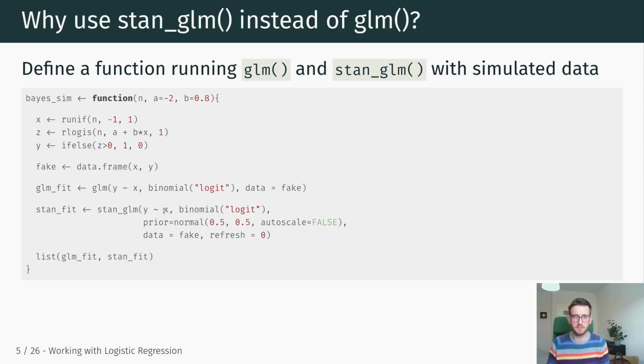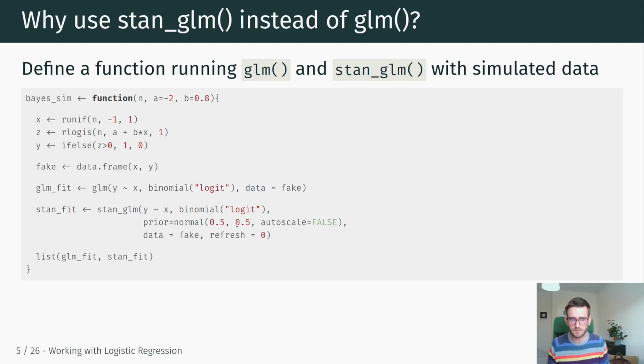That's the basic framework within the function, and then we fit our GLM with y regressed on x, same with the stan_GLM. The only difference is that with our stan GLM function, we specify a prior distribution for our slope coefficient. This is just the prior, not for the intercept, but just for the slope. For the intercept, we just use the default prior, which follows a normal distribution with mean 0.5 and standard deviation 0.5.